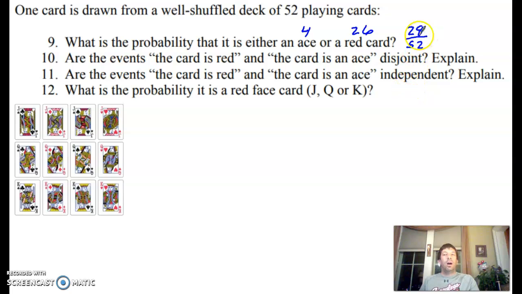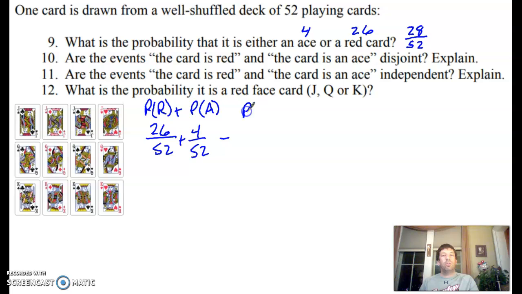Okay? Another way of thinking about that is we're taking the number of red cards plus the number of aces. Okay? So this is the probability of a red card plus the probability of an ace, and then we would subtract the probability of a red ace, which there are 2 red aces.